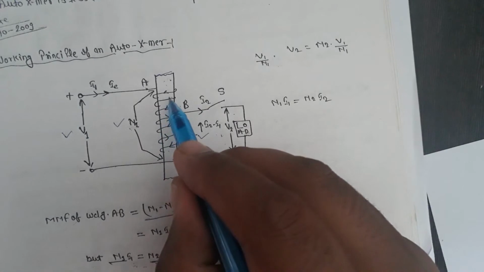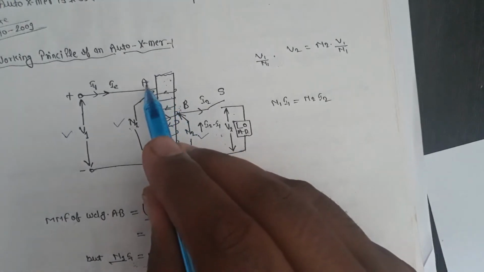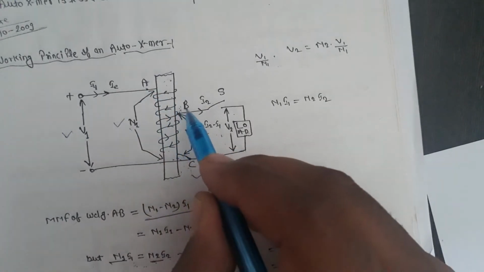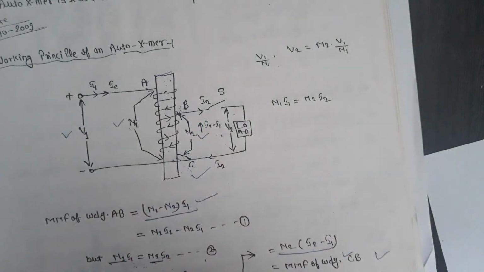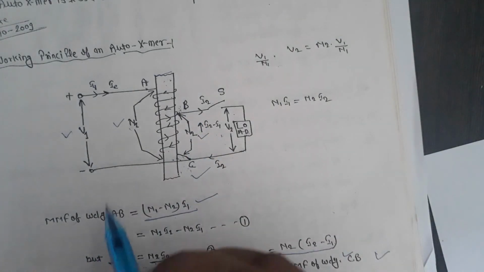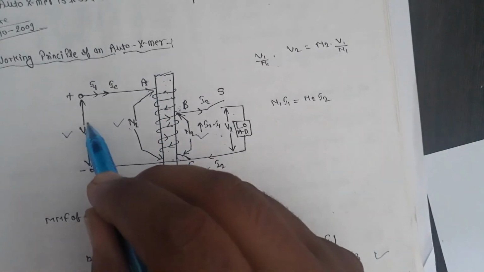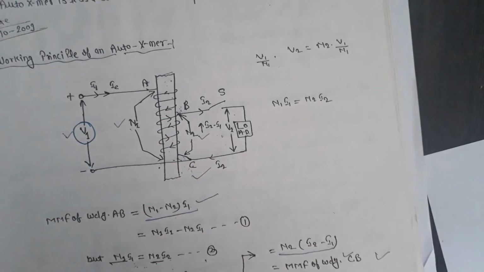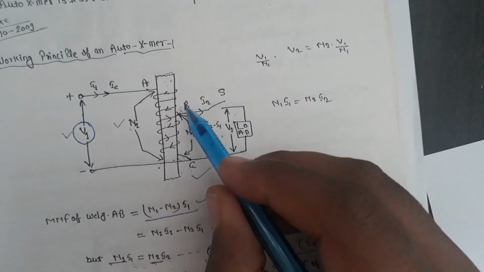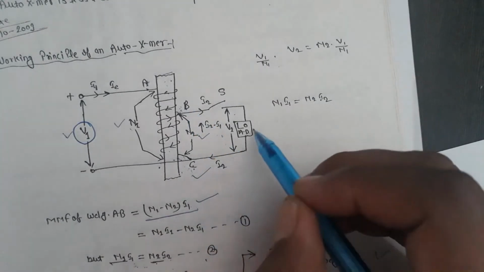This is the winding, this is the point A and point B and B and C. The input is applied between A and C where V1 voltage is applied at the primary side of the auto transformer, and the secondary side is taken from point B and C where the load is connected.